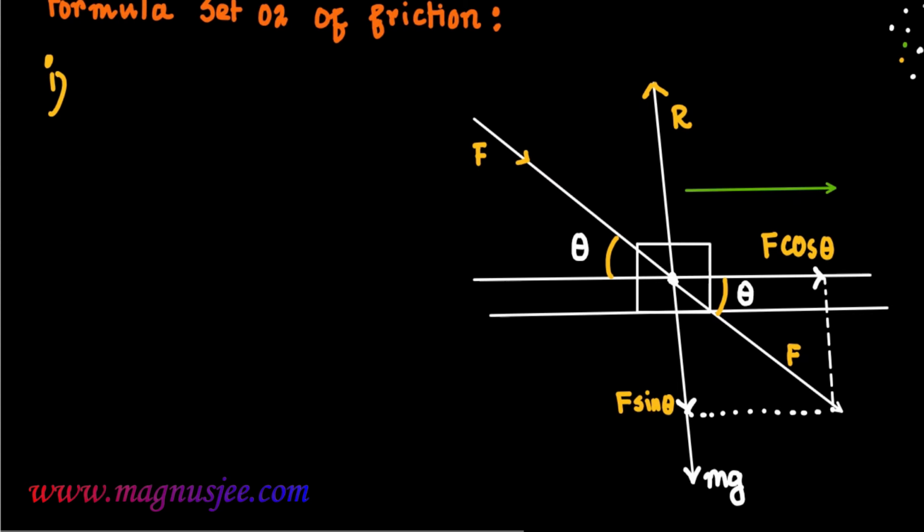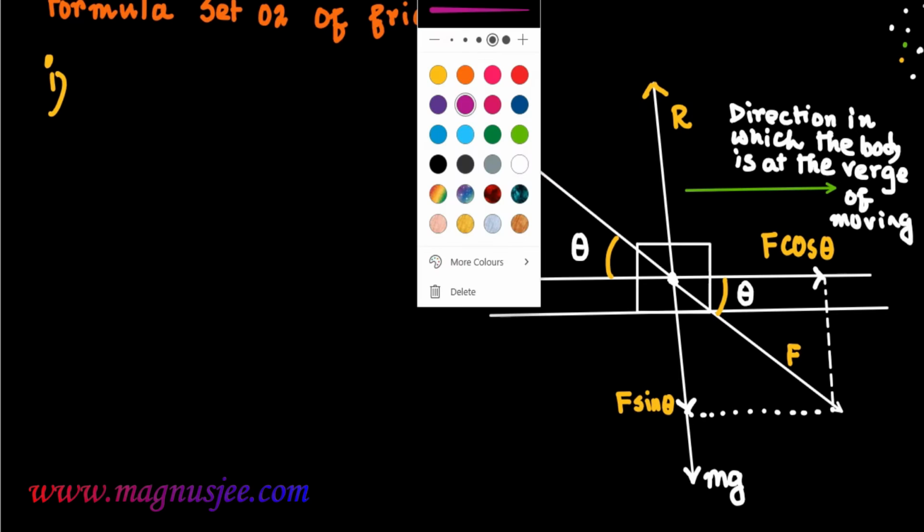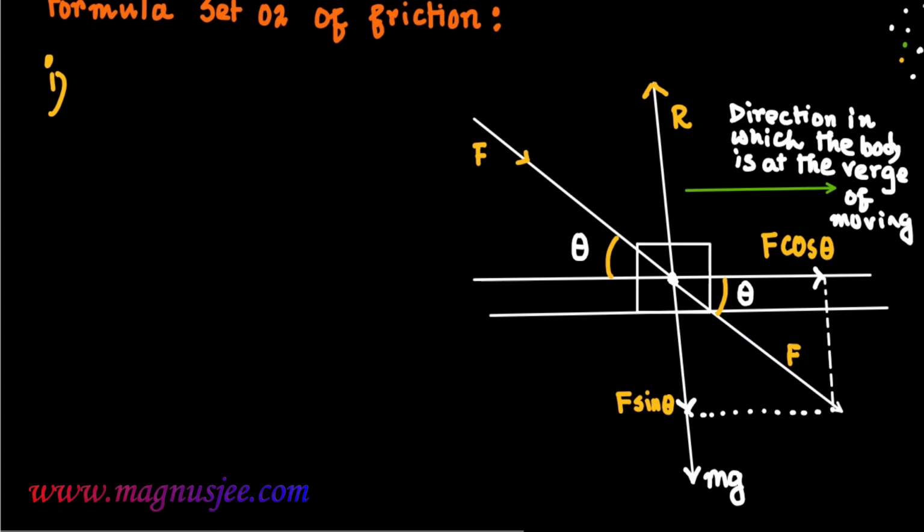This is the direction towards right, in which the body will be at the verge of moving under the action of the rectangular component F cos theta of the pushing force F. And limiting friction Fl acts in the opposite direction to oppose the motion of the body.